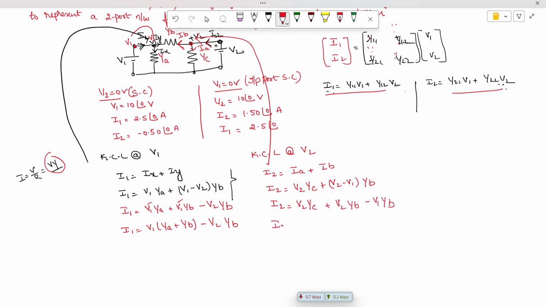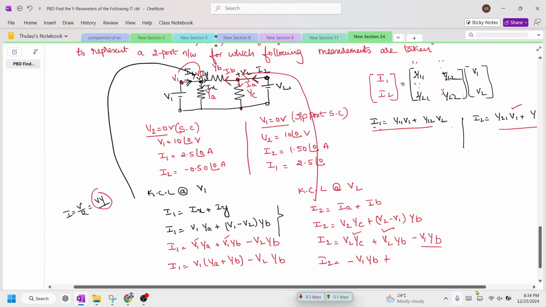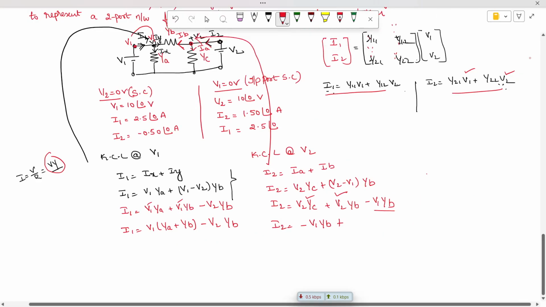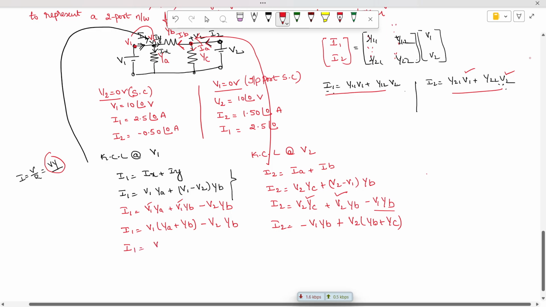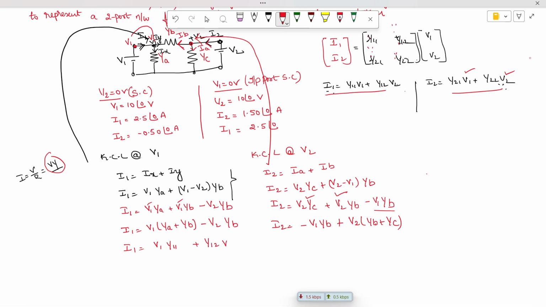So we are writing in the standard format: initially I1, V1 and V2. Here the standard format is minus V1 YB, and in this equation you take V2 as common. When you take V2 as common, this is YB plus YC. Now compare with the standard equation. Therefore, I1 is equal to V1 into Y11 plus Y12 V2.